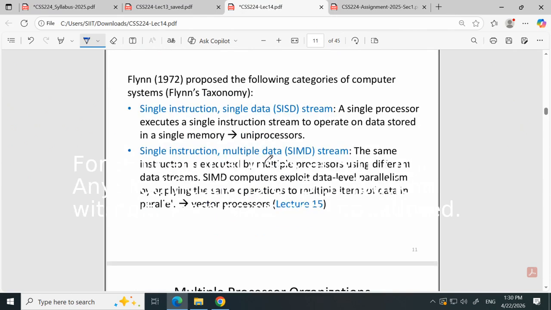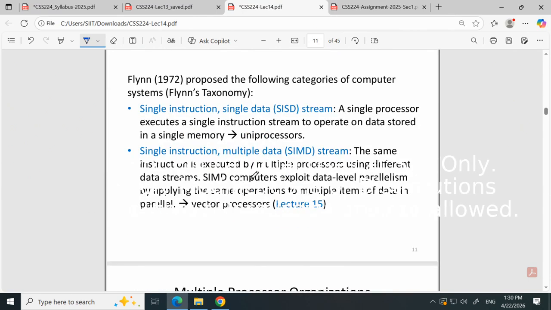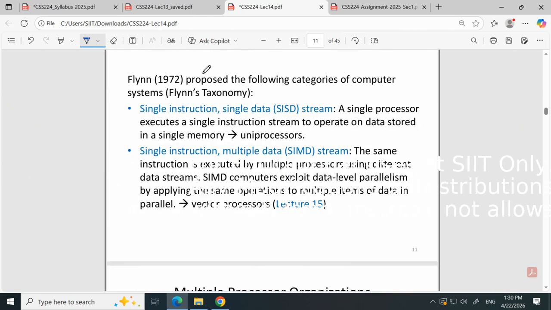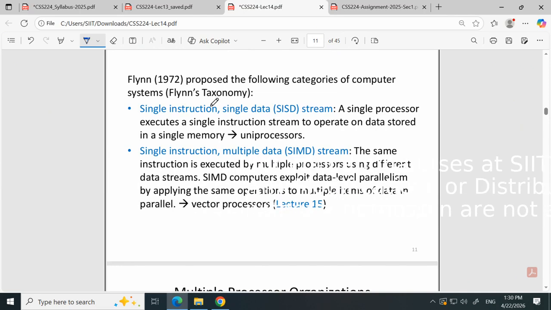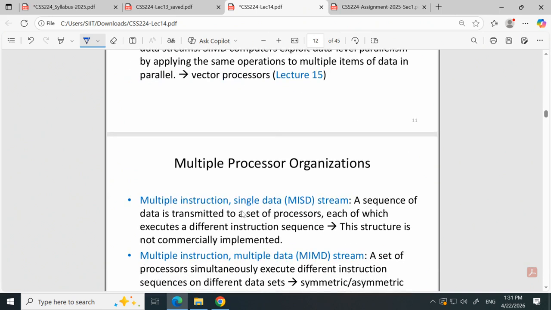Don't worry. First of all, you need to understand Flynn's taxonomy. He's a popular guy, a famous guy. Taxonomy. We have 4 new terms: 1, 2, 3, 4. Don't be scared.